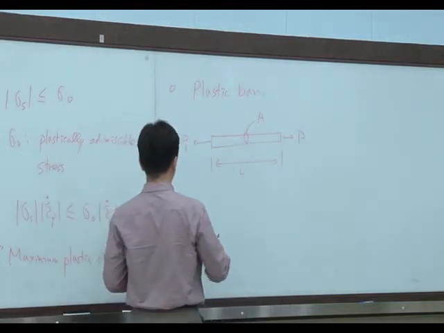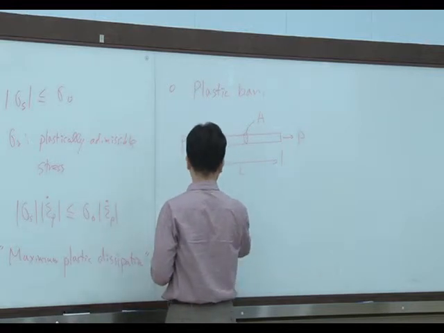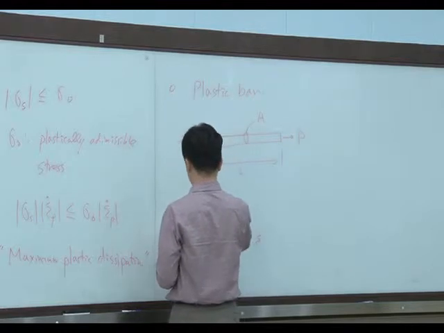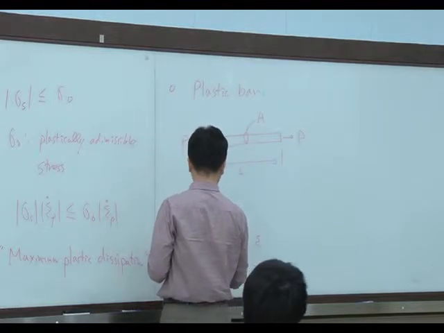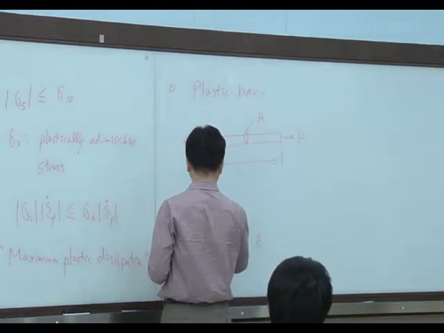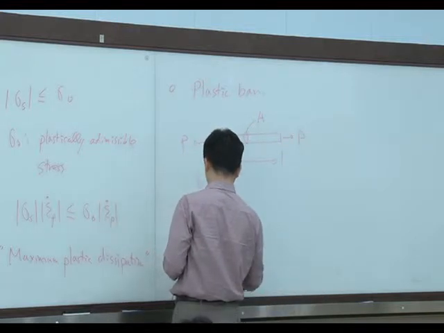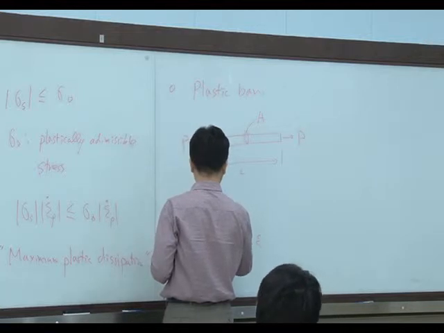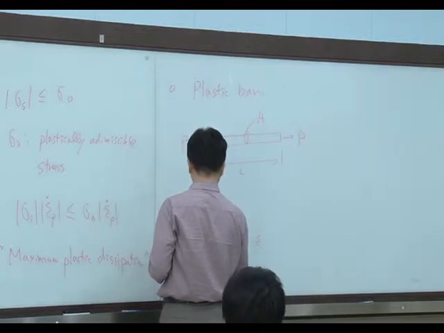In the stress-strain level, we have a material behavior like this. Sigma 0, minus sigma 0, epsilon 0, minus epsilon 0.